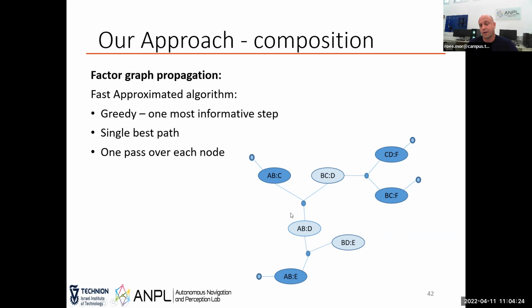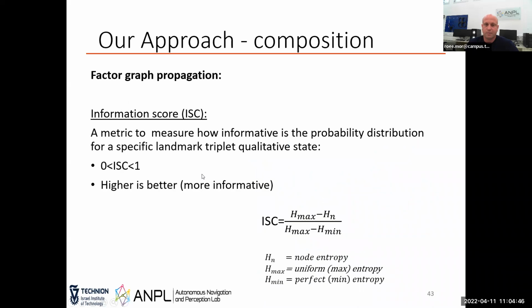When it's calculated, it's not going to update this calculation again. And it's going to take the best single path from the sources to each node. So each node is going to get information from the most informative single path from the sources. That's a simple algorithm.